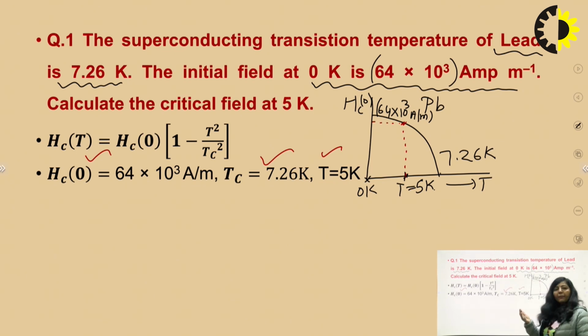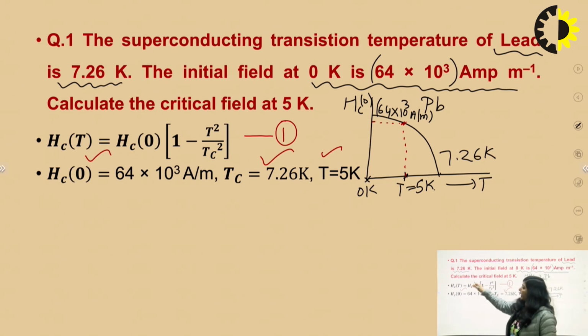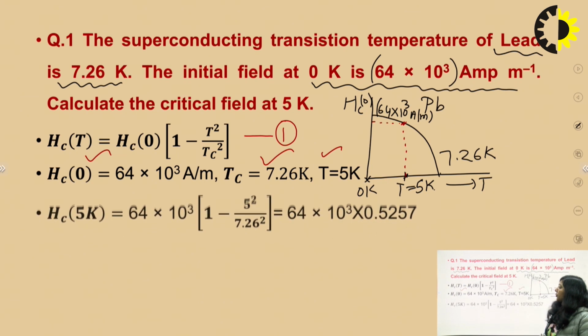So we have to substitute all these values in this equation, equation number 1. In place of Hc naught, we substitute 64 into 10 raised to power 3, into 1 minus T square upon Tc square, where T is replaced by 5 Kelvin and Tc is 7.26 Kelvin. So just substitute these values.